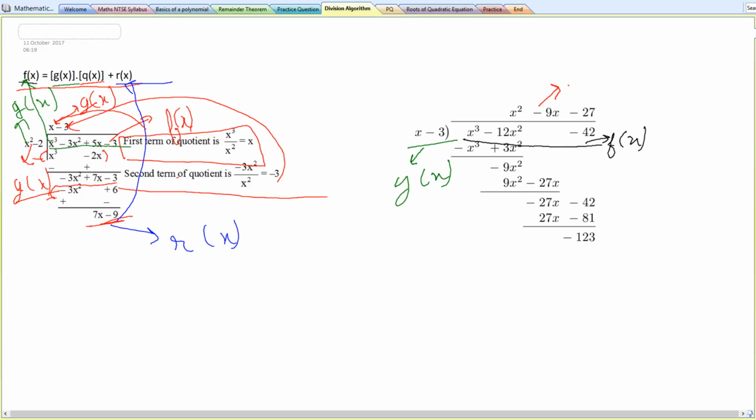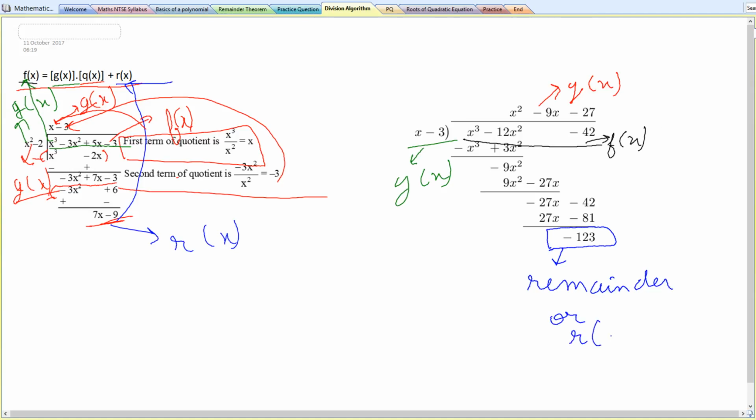This right here is my quotient, and this right here is my remainder or Rx.